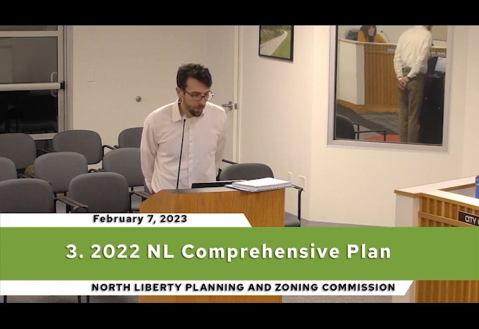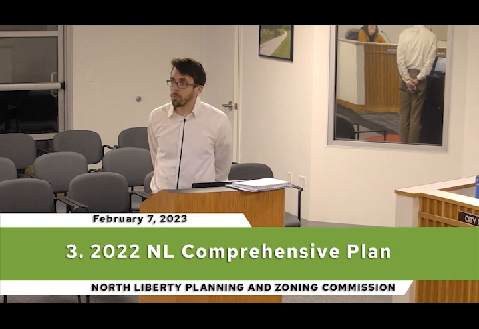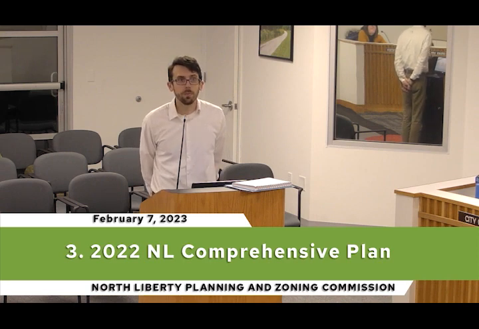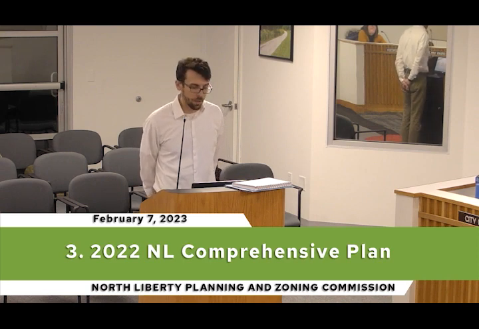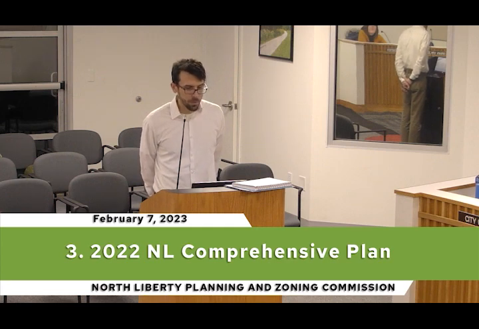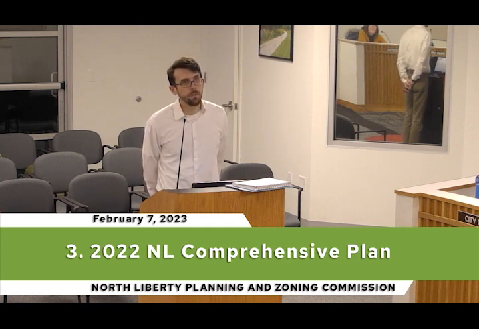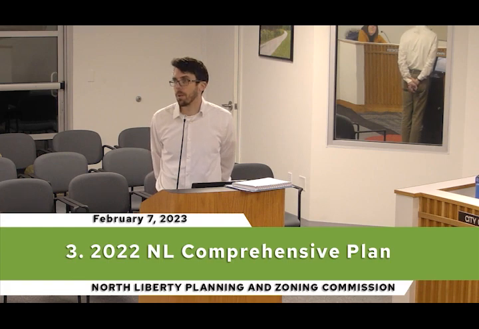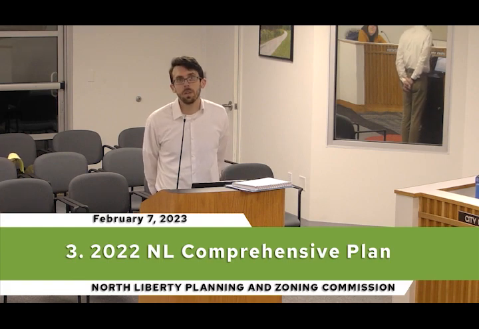One thing I've mentioned multiple times is flexible. One thing we want to stress with this, and you see in the plan, hopefully, is that each one of these districts shown on the future land use map is meant to accommodate a lot of different types of uses and a lot of different types of arrangements.